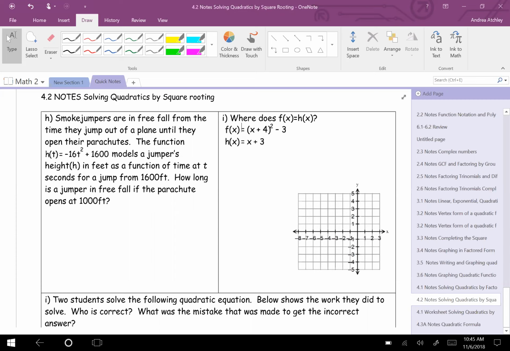Okay. So we want to know the time. We're going to solve for t for time. We want to know at 1000 feet, so that means h of t is equal to 1000.